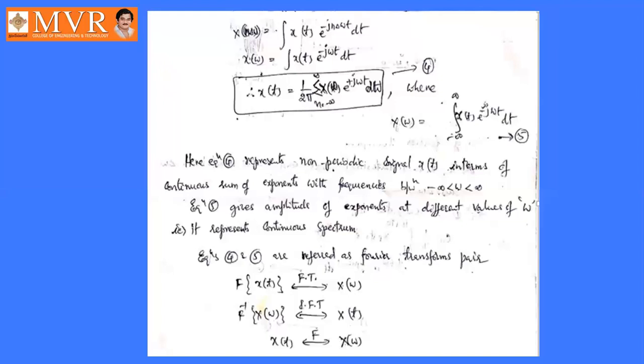These two are called a Fourier transform pair. Fourier transform of x of t is x of omega, and inverse Fourier transform of x of omega is x of t. That's why these two are called a Fourier transform pair.